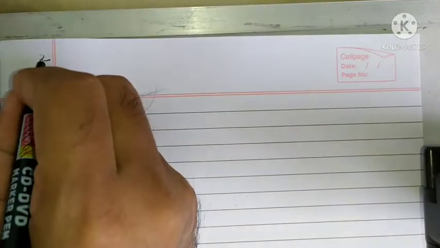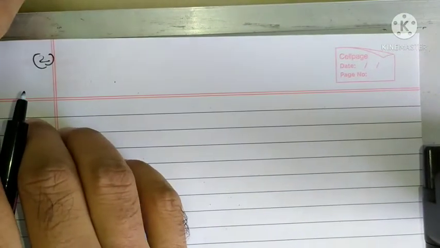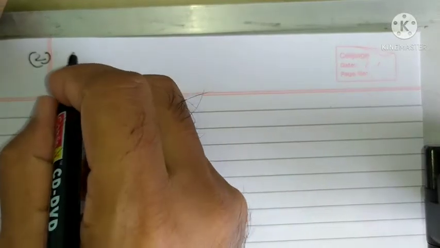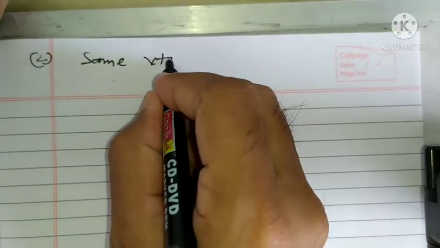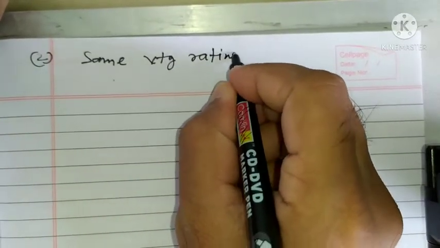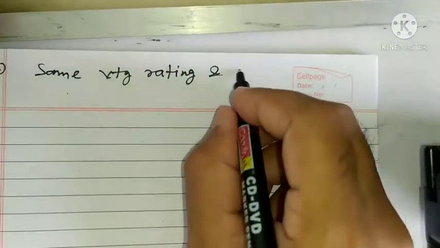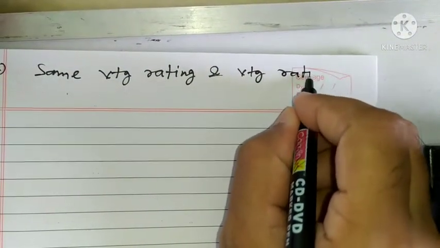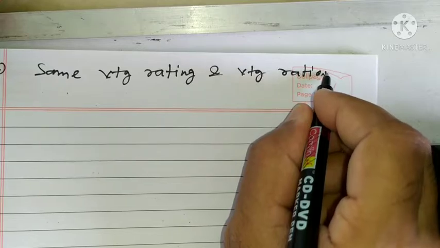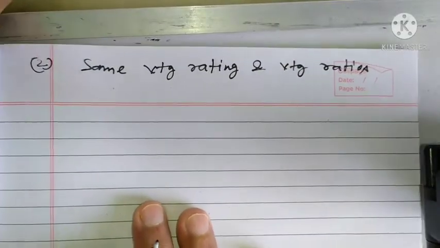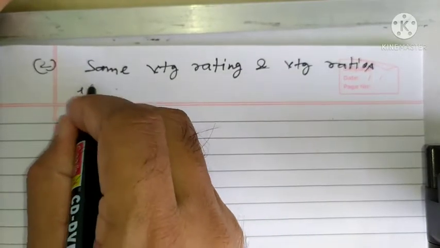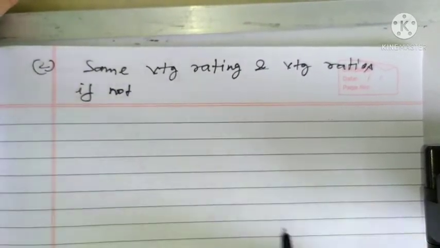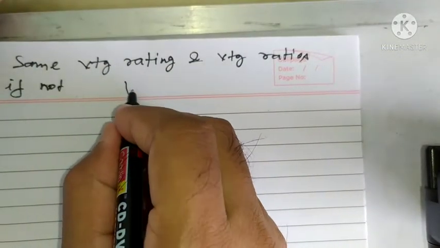The second condition is that the transformers should have the same voltage rating and voltage ratio. If not, what will happen? Again there will be circulating current.